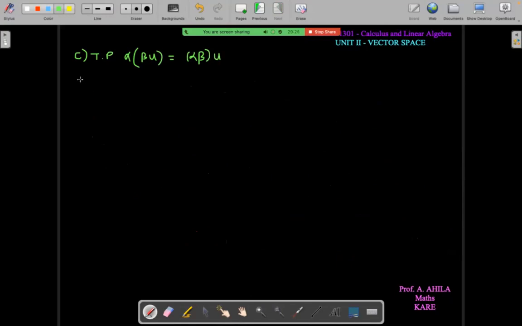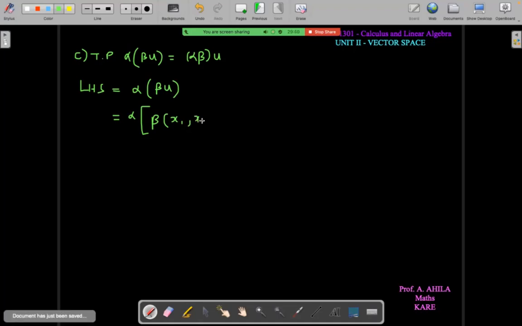Here I consider left hand side first. Our left hand side is alpha into beta u. What is our u? x1 comma x2. So I substitute x1 comma x2 for u. Beta into, for u I substitute the point x1 comma x2.